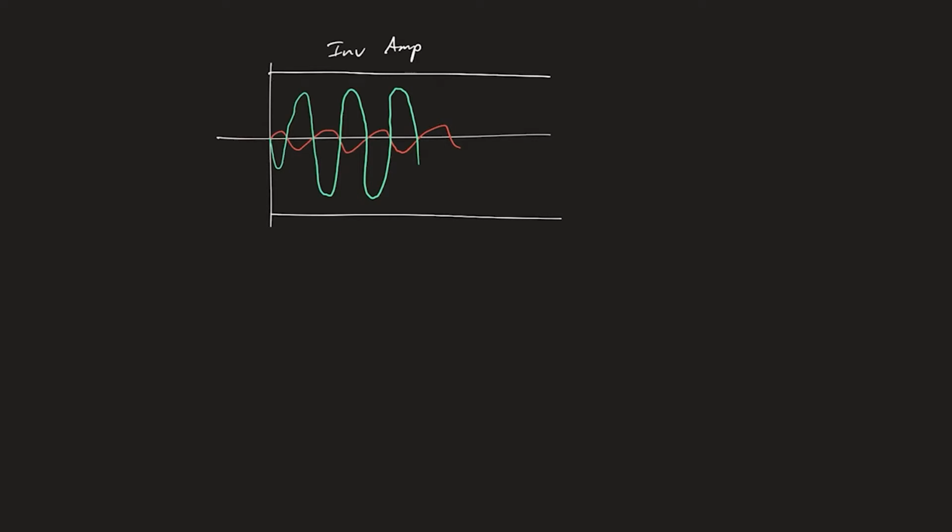As long as I'm not hitting the rails, in other words, as long as my signal is not distorted. If I had designed this around a gain so large that I distorted, then it went like this, that's a different story. Now all of a sudden I'm no longer linear.